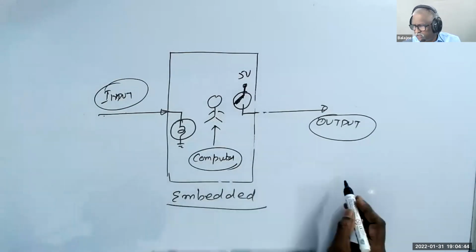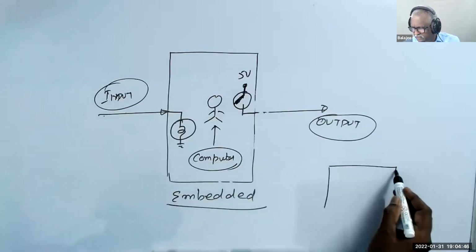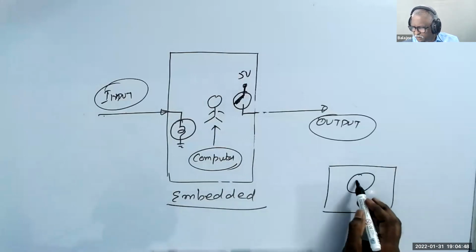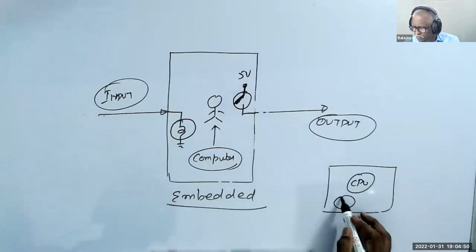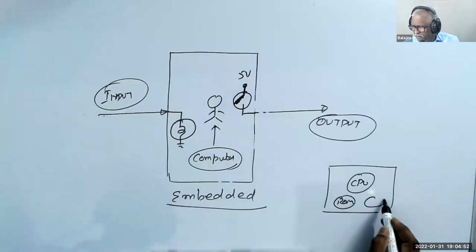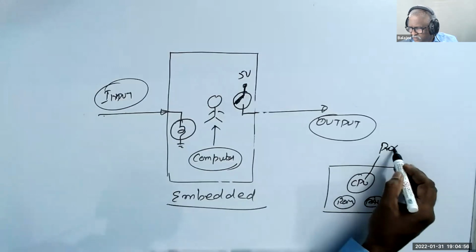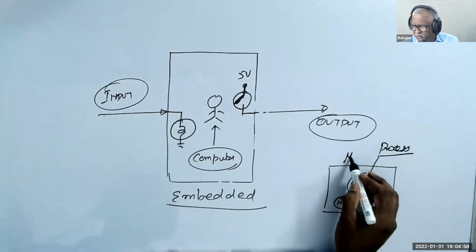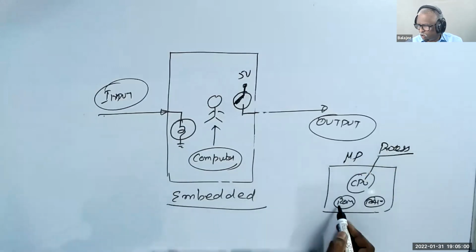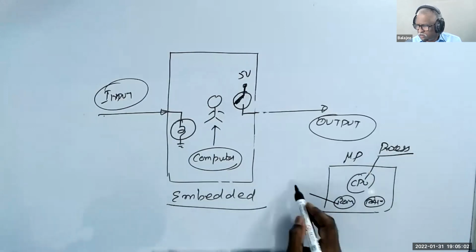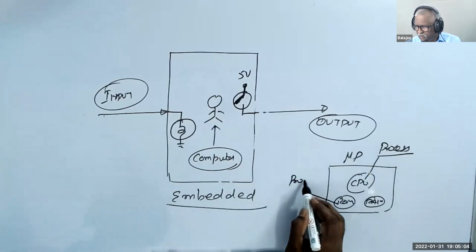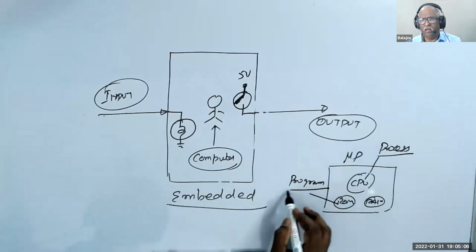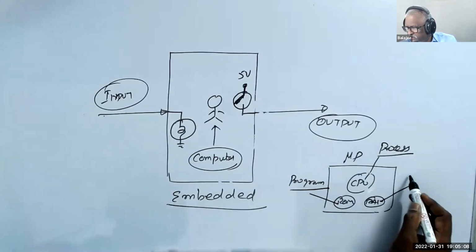When I say computer, I repeatedly tell you it has 3 parts: CPU, ROM, and RAM. CPU is for processing, that's what you call the microprocessor. ROM is for the program, and RAM is for variables.